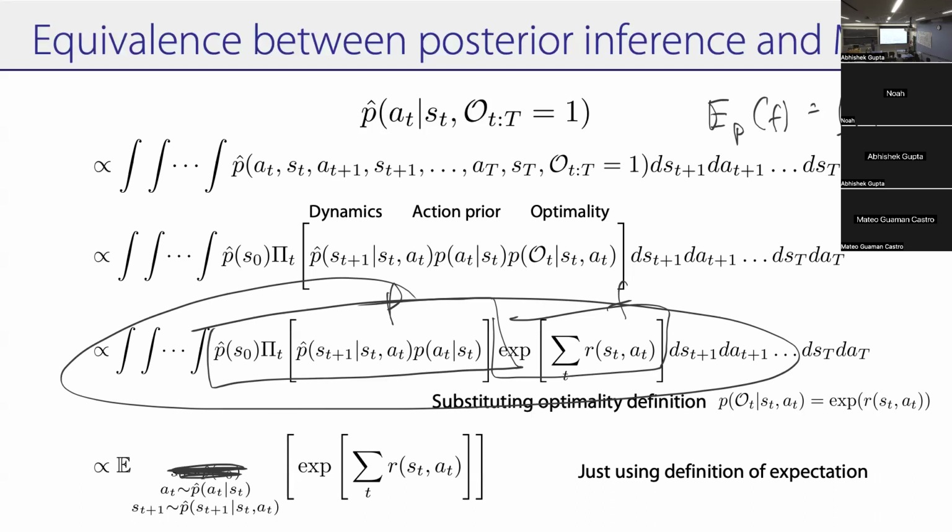So we started with the posterior inference and showed that it's proportional to the joint. The joint is equal to the product of transition dynamics times action prior times optimality. Optimality is exponentiated rewards, which means its product is the exponentiated sum of rewards.